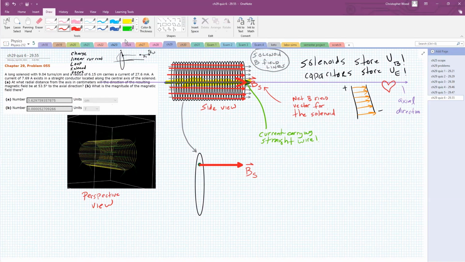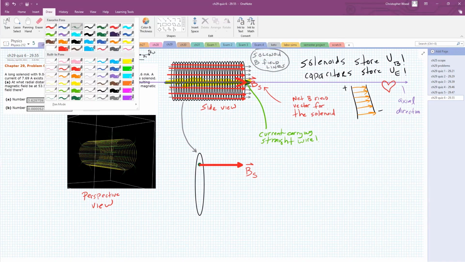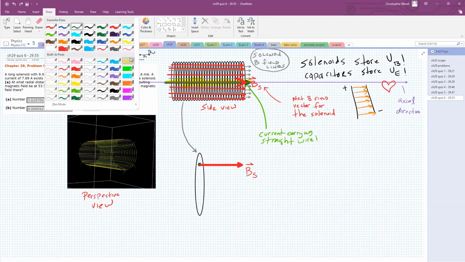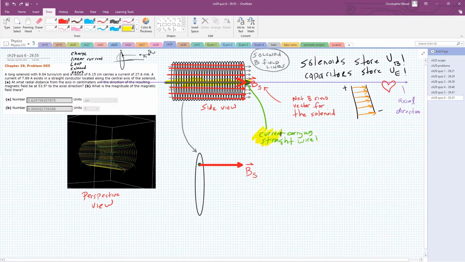This is my wire. This is the current carrying straight wire. I already labeled that. I already drew that as a thick green vector. And we know that I have concentric circles created.